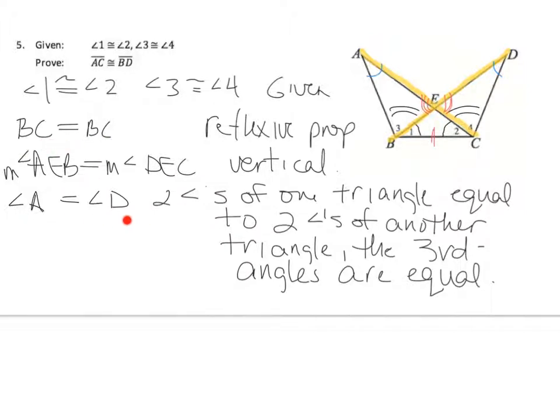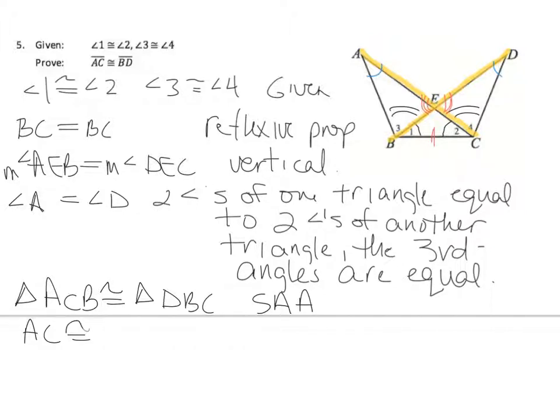And then I did angle A is equal to angle D. So now I can say that triangle ACB is congruent to triangle DBC because of side, angle, angle. Now we're trying to prove that AC is congruent to BD, and that is now true because corresponding parts of congruent triangles are congruent.